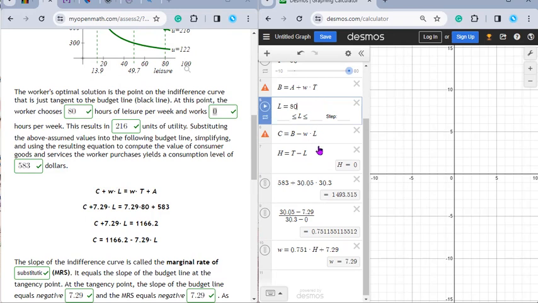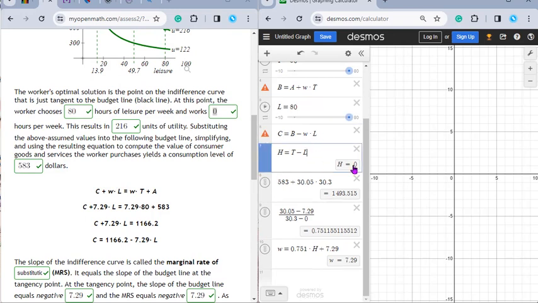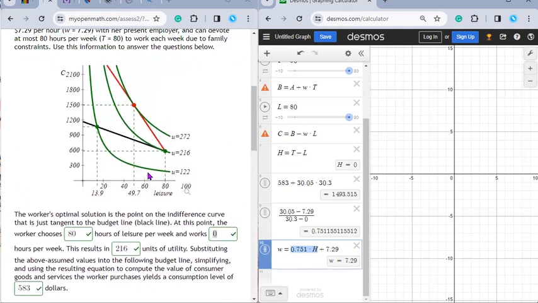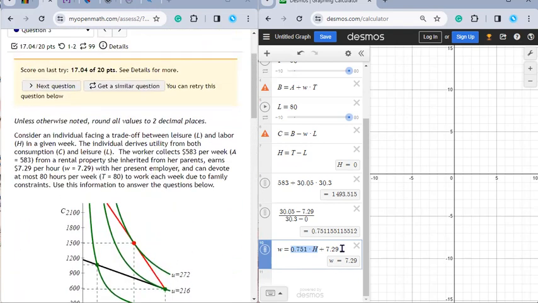So leisure is 80, hours worked is 0. And 0 times that slope is 0. So the wage rate equals 7.29. So we just verified that this equation is the workers' labor supply equation. It's upward sloping, right?